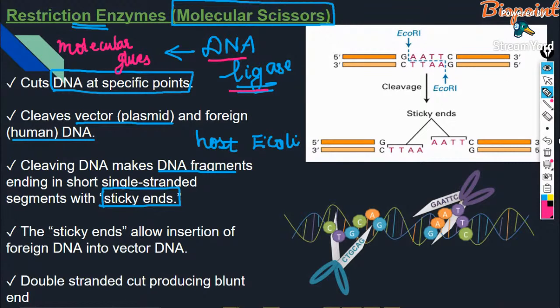These sticky ends allow the foreign DNA into the vector DNA. In a double-stranded cut producing blunt ends, it is very difficult to rejoin the fragments, even though you use DNA ligase enzyme.